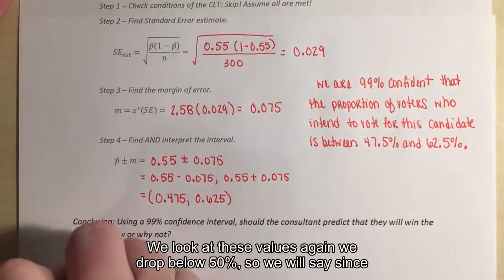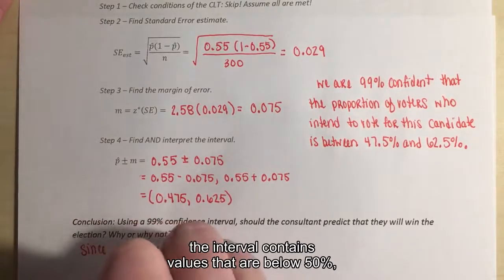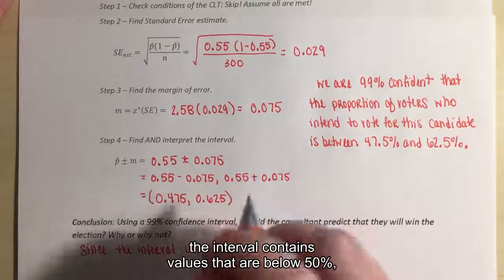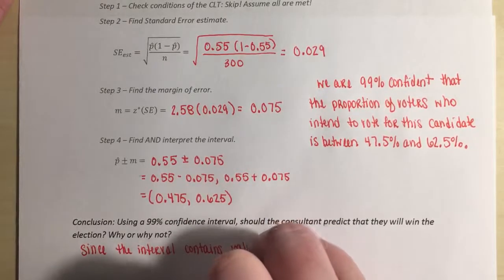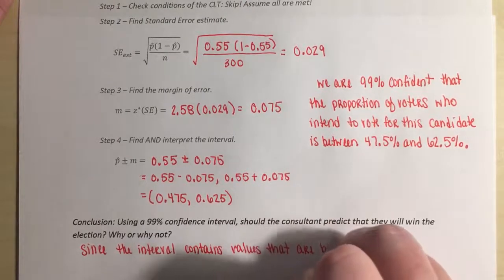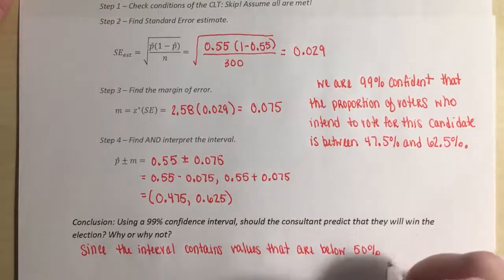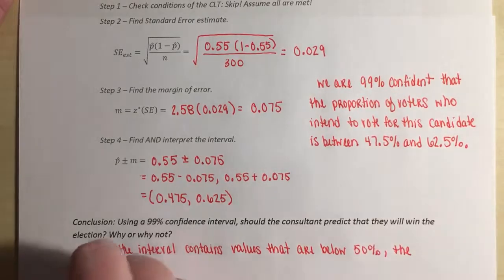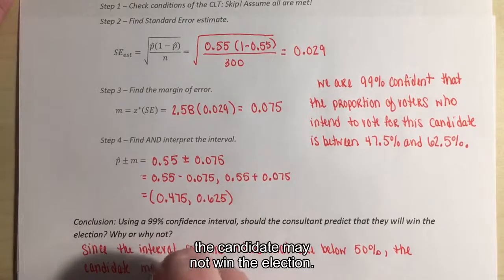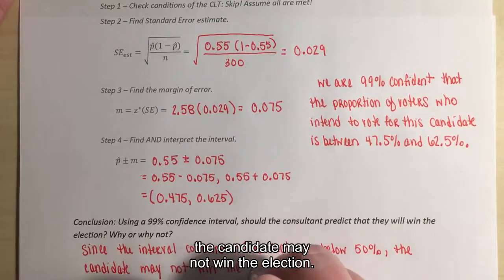So we will say, since the interval contains values that are below 50%, the candidate may not win the election.